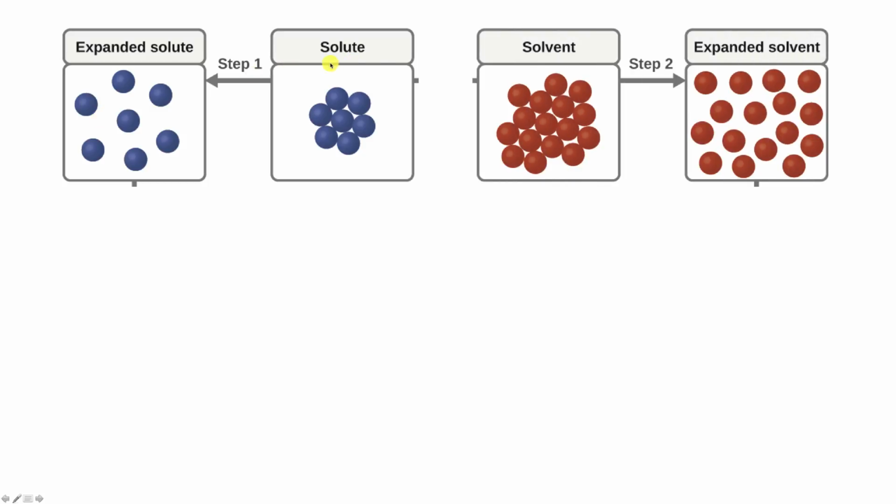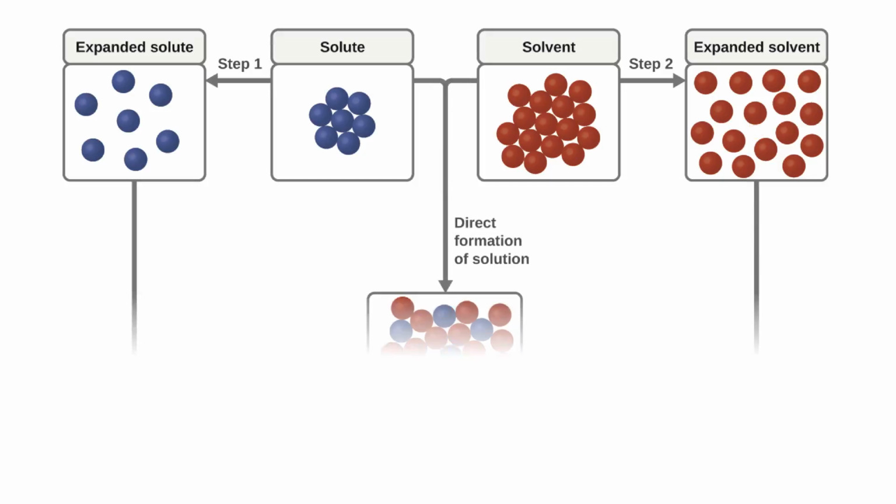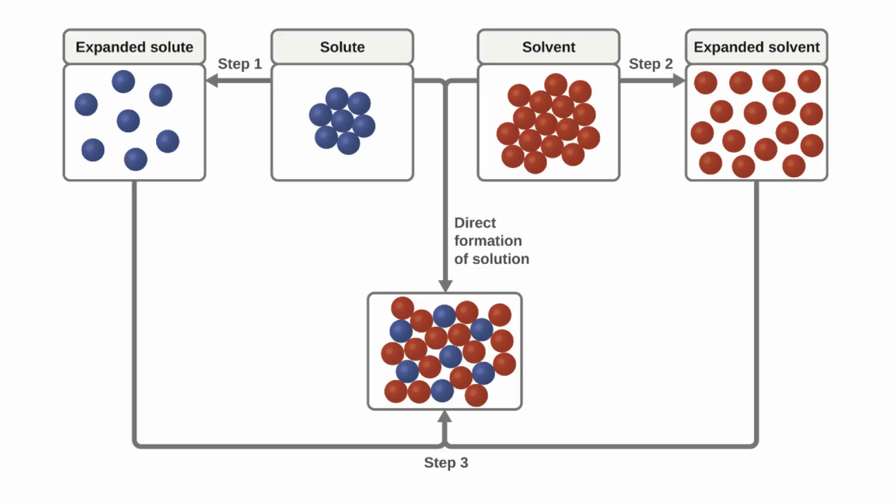And then similarly, solvent particles, here represented by red spheres, need to be pulled a little bit apart from each other, or separated a bit in the expanded solvent, to allow space for solute particles to fit in and make a solution.